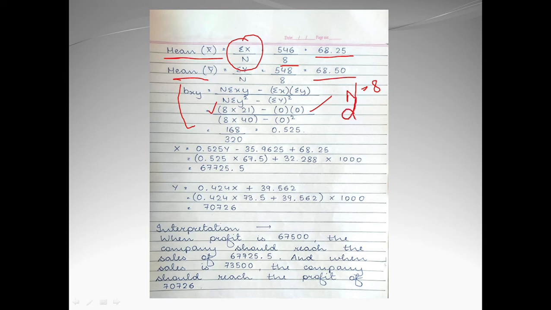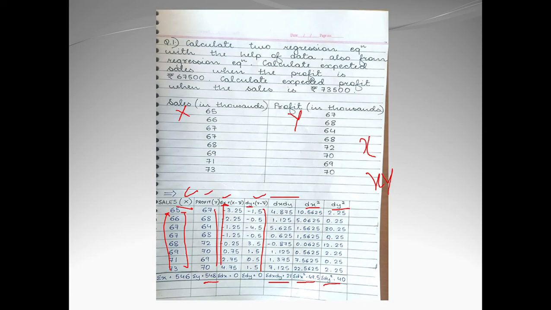So we'll multiply 8 into the dy square. We have n equals 8 multiplied by, let's have a look at what the dy square is. This is 40.